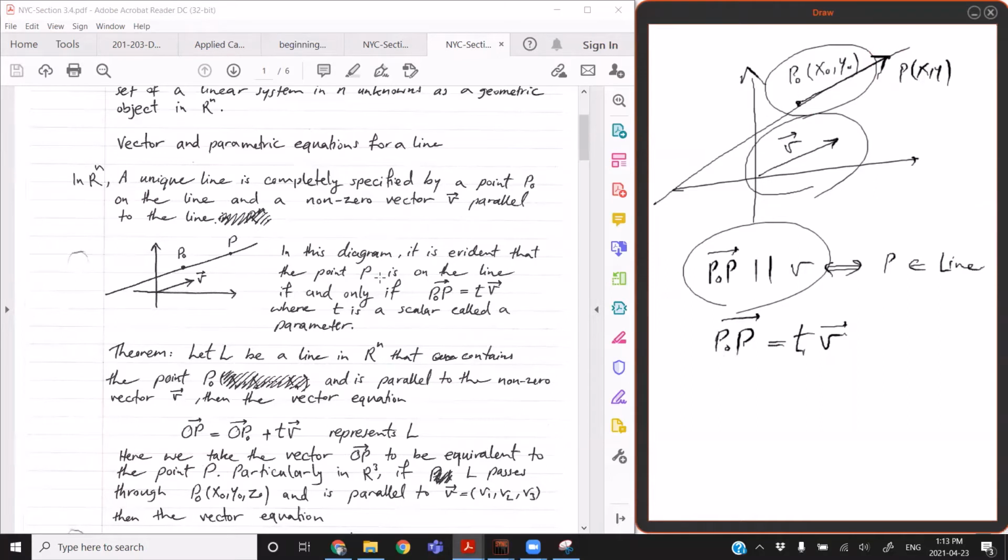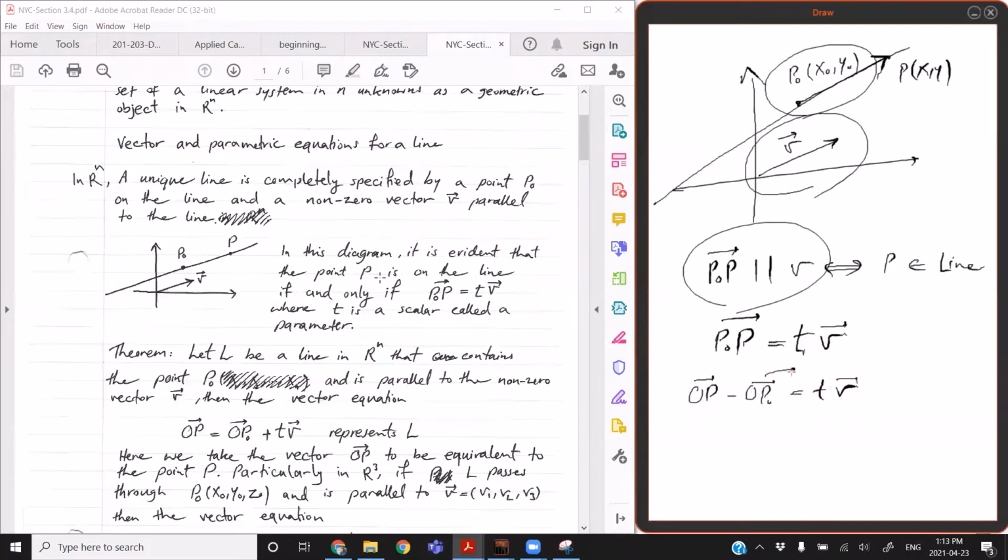So I can write this as OP minus OP0. This is the vector that goes from the origin to P minus the vector that goes from the origin to P0. Terminal minus initial is equal to tV.